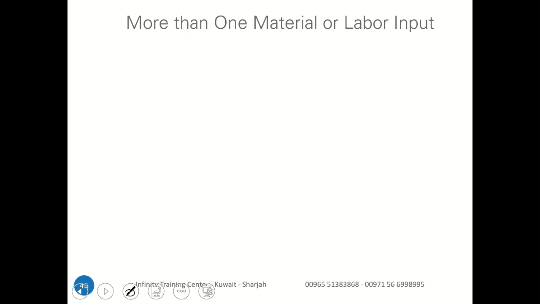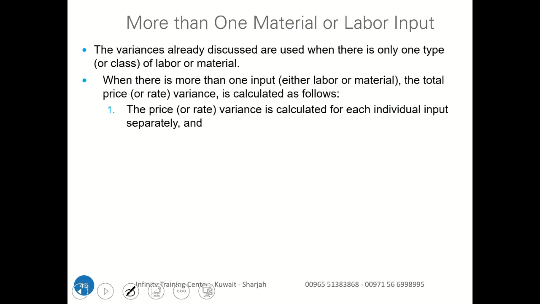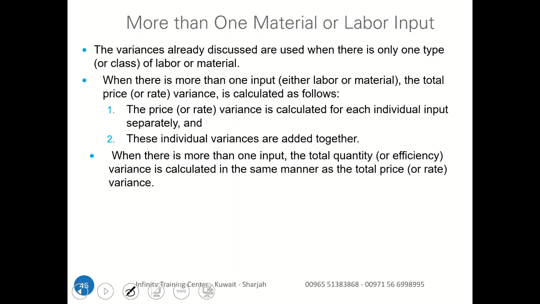Now we will discuss the variances when we use more than one material or more than one labor, we can say. Whatever we discussed till now was talking about one raw material or one type of labor.